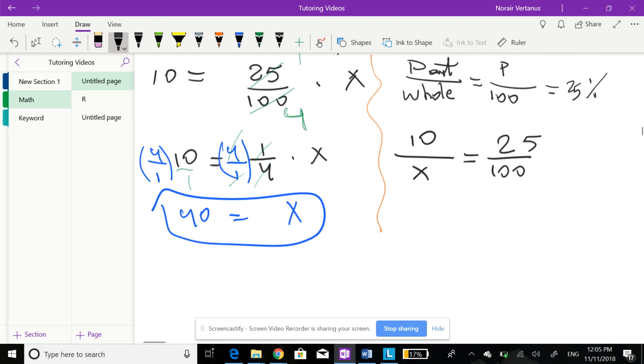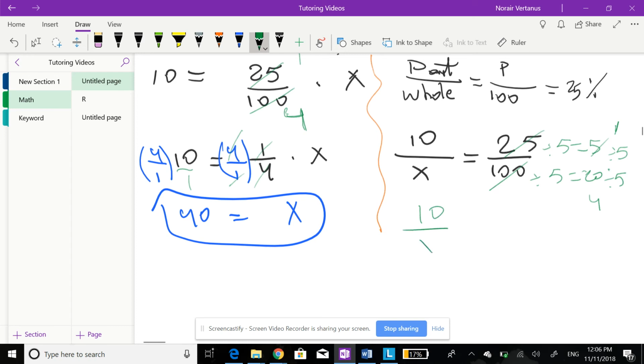So cross multiply. Before we do that, again, simplification. You guessed it already, right? Let's do it step by step in this case. 25 divided by 5 equals 5, and 100 divided by 5 equals 20. Again, both of these divide by 5. 5 divided by 5 you get 1, 20 divided by 5 you get 4, right?